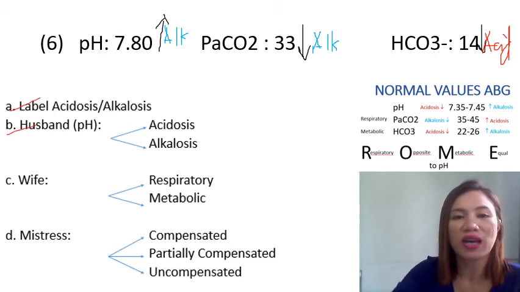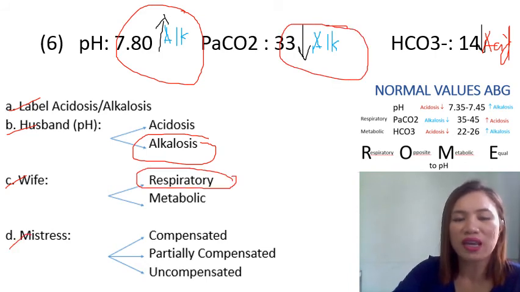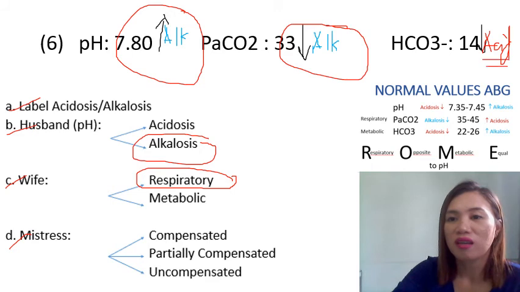Now identify the husband. Husband is alkalosis. How about the wife? Who is the wife? It's the carbon dioxide, the respiratory. The mistress. Is the mistress compensated, partially or uncompensated? It can never be compensated because your pH is not normal.